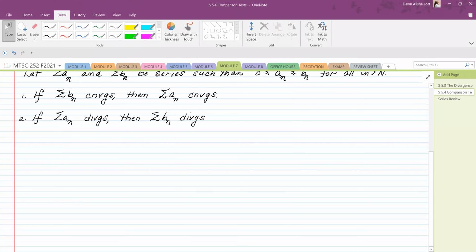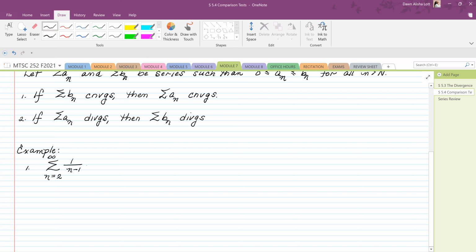So what do we know about the harmonic series? Does anybody remember the harmonic series? Here's the first series I want to look at. It is the summation n equals 2 to infinity of 1 over n minus 1.